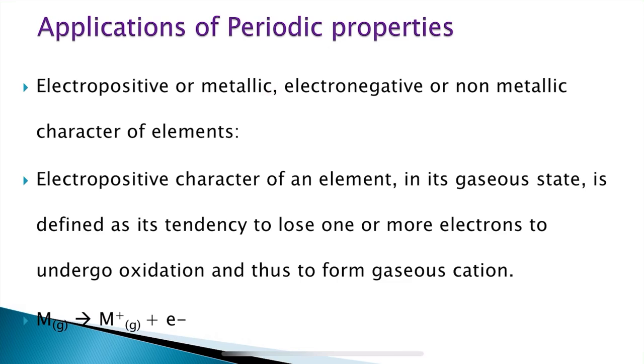Here the concept of ionization energy comes again. The ionization energy of an element is a measure of its tendency to lose electrons and hence of its electropositive character. Elements having low values of ionization energy are highly electropositive and are usually metals, while those having high values of ionization energy are highly electronegative, or non-metals.